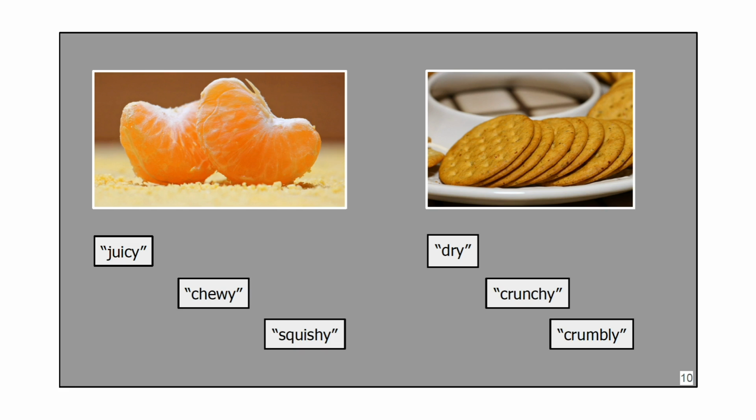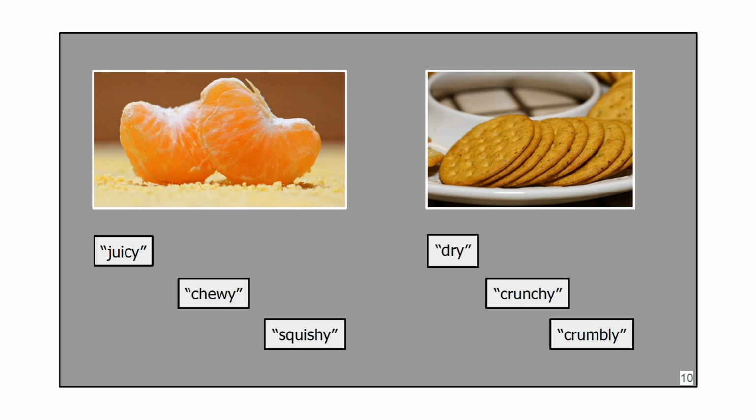Look at the two images above. Although you are not eating or feeling the foods above, you can probably predict what each surface might feel like. Once you've experienced the quality of a tangerine, you can expect other tangerines, or things that look like a tangerine, to feel juicy, chewy, and squishy.